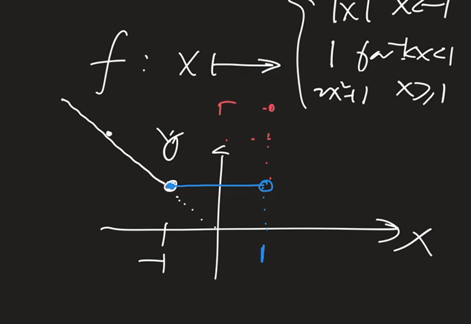And 2 becomes 9, something like that. So you see that it is a discontinuous function. From here, it's probably continuous because it approaches 1, but from here it's discontinuous.